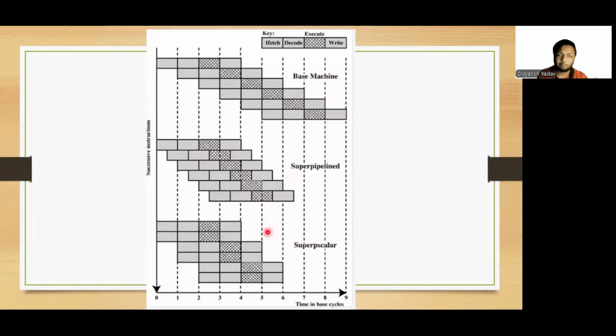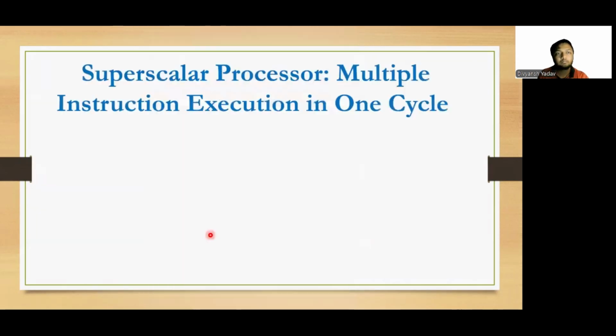So it is better. But in superscalar, two execution units of different instructions are being executed in the same clock cycle, as here, here, and here. So it takes even less time than the superpipeline. Now let's see one example.